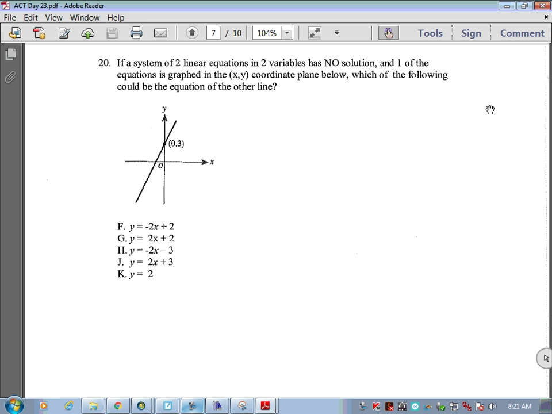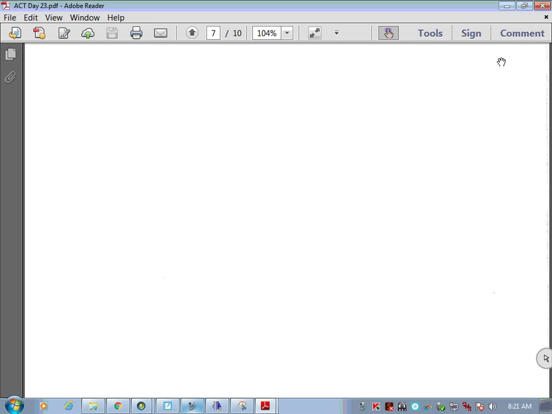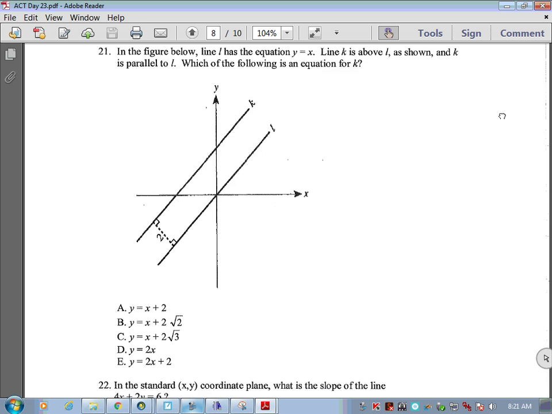Okay. And let's see. 21. 21 is usually one that gets some questions. It is B, y equals x plus 2 radical 2.